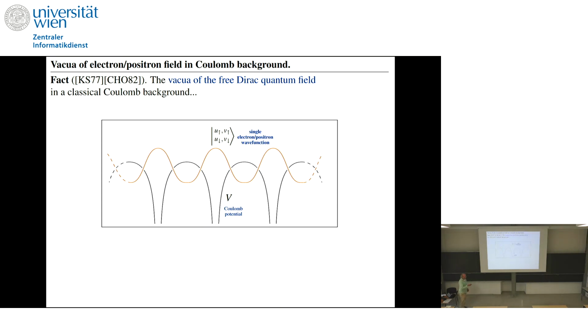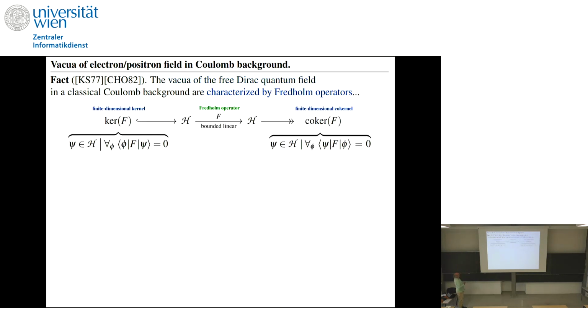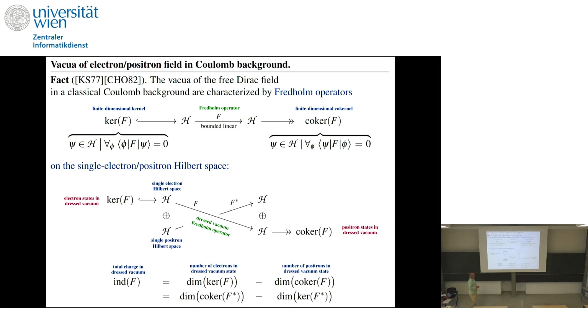And the careful argument reveals that these vectors are described by Fredholm operators. This goes through a long computation of how these vectors are described by canonical anti-commutation relations. But once the dust has settled, what these articles are saying is that the free vectors are classified as follows.